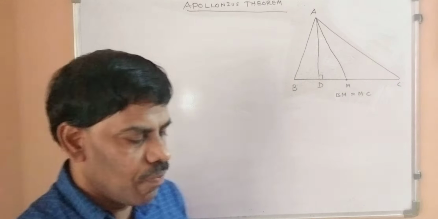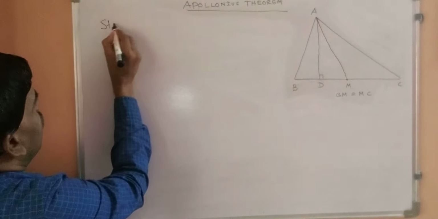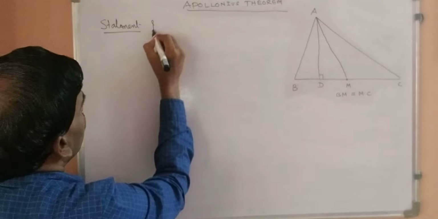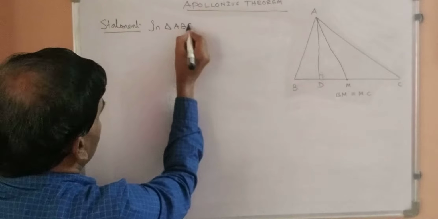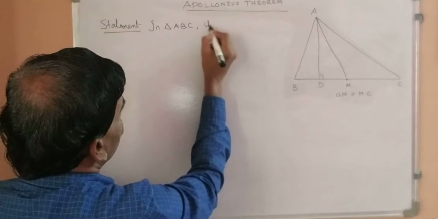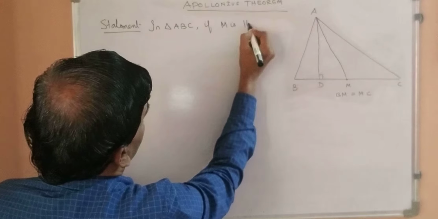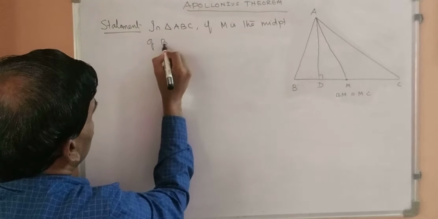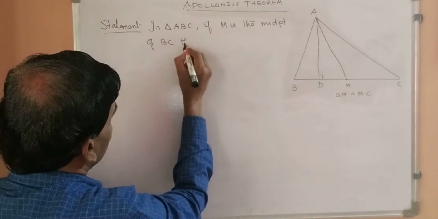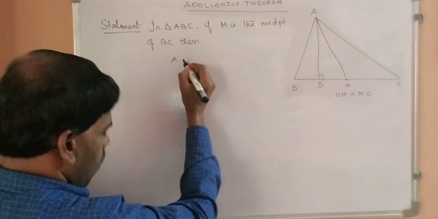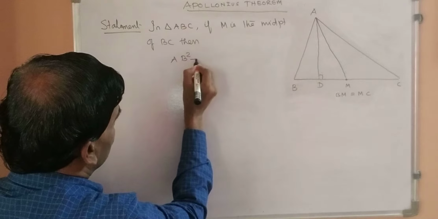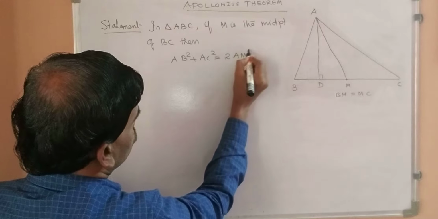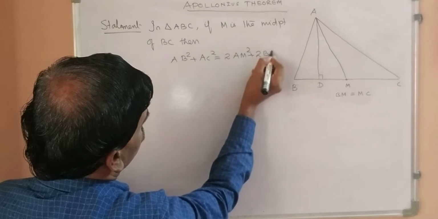Now, what does the statement of the theorem say? In triangle ABC, if M is the midpoint of BC, then AB square plus AC square equal to 2AM square plus 2BM square.